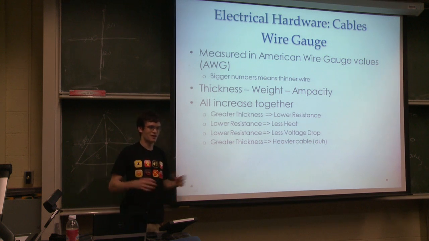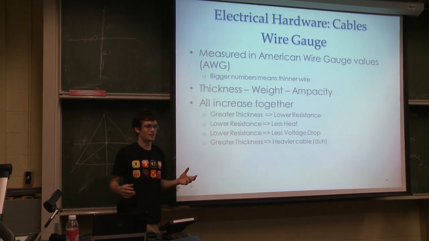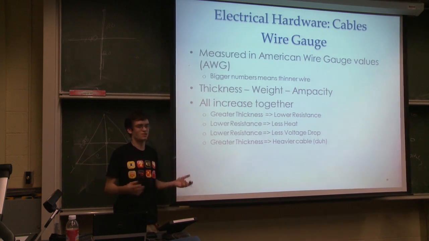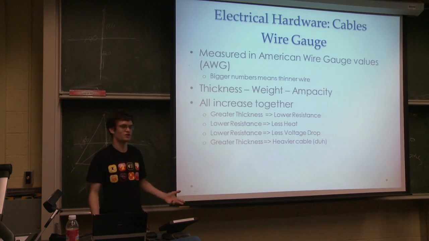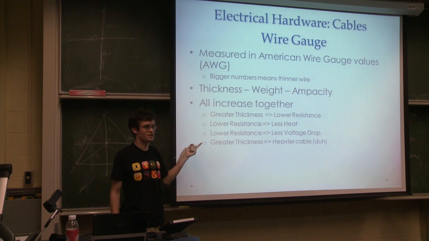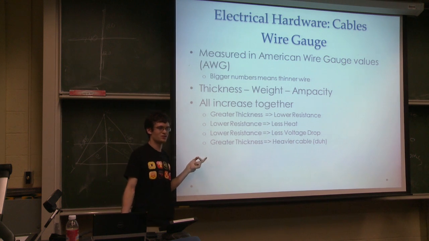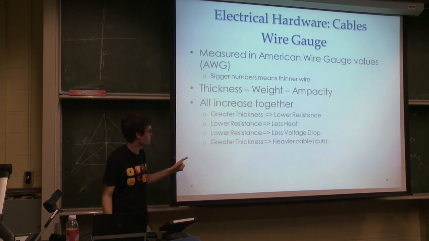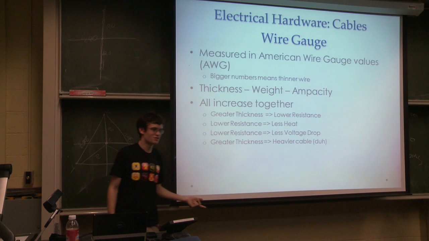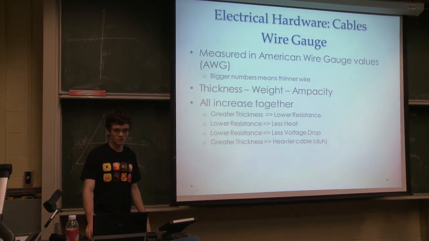Therefore, a thicker wire will have a lower resistance and allow more current to pass through it without burning off into energy. Because it's lower resistance, it's going to convert less energy into heat. Because there's less resistance, you're also going to get less voltage drop, which I'll talk about in a minute. And greater thickness means it's heavier, so it sucks if you're rigging and your ME wants to put a bunch of heavy cables on.